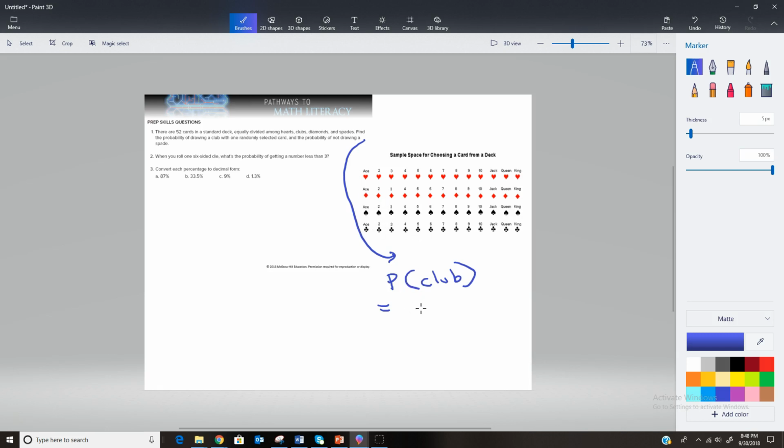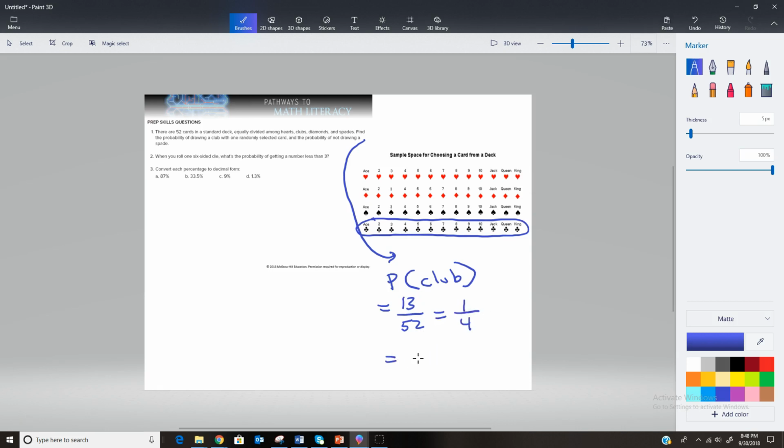So the probability of a club is, out of these, you could either say 1/4 because 1/4 of the suits are clubs, or you could say there are 13 clubs out of 52, but 13 out of 52 reduces to 1/4.